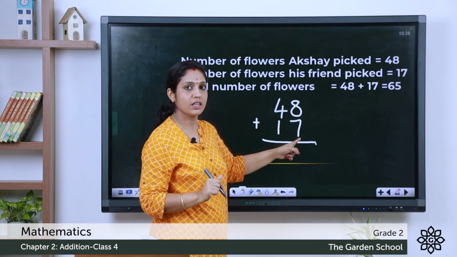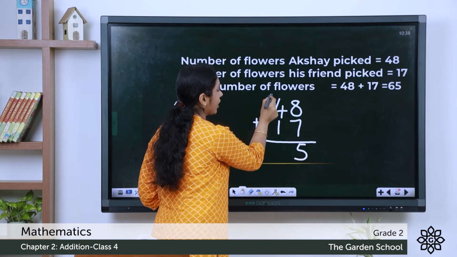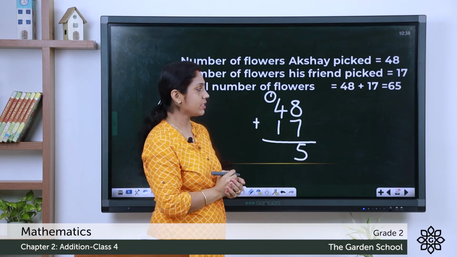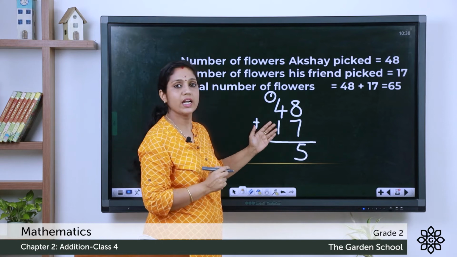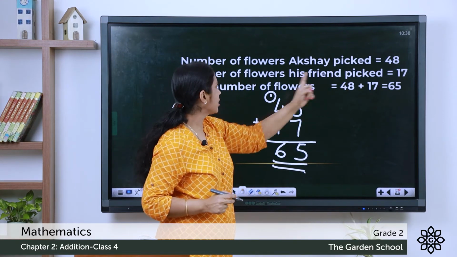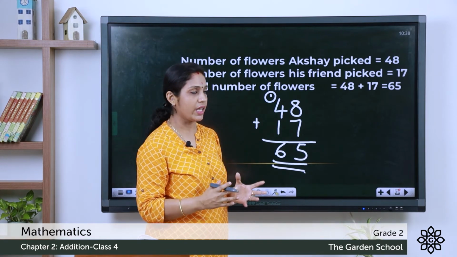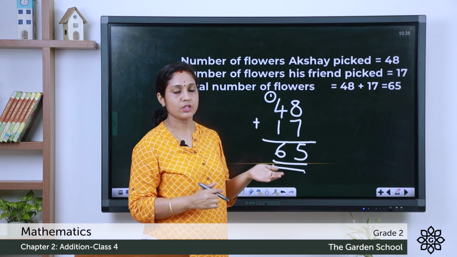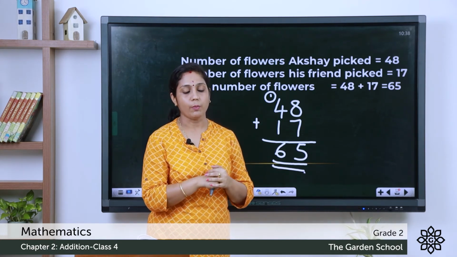What is the answer? 15. So write 5 here and carry the 1 over to the tens place. 1 plus 4, 5. 5 plus 1, 6. So this is the answer. So we got 65. So total number of flowers Akshay and his friend picked is 65 flowers. So this is the way how to write the steps for word problems.